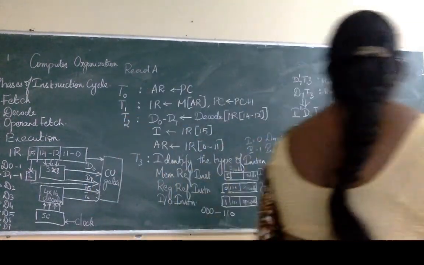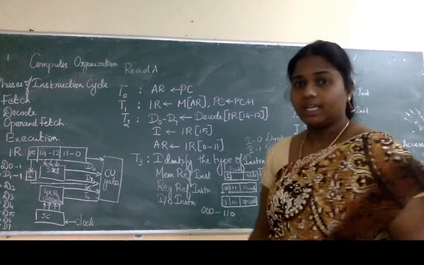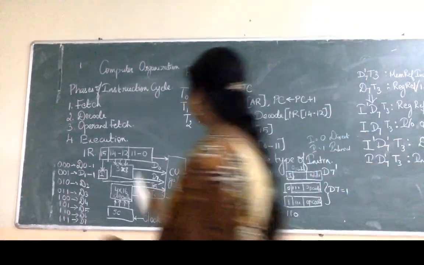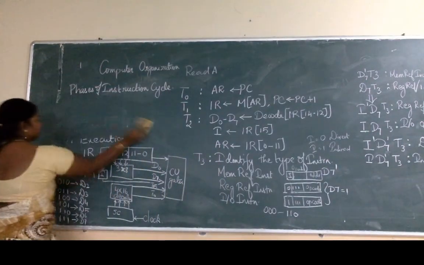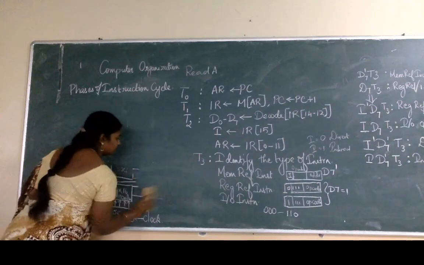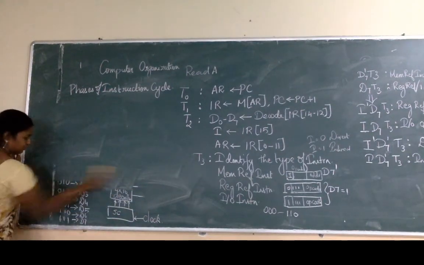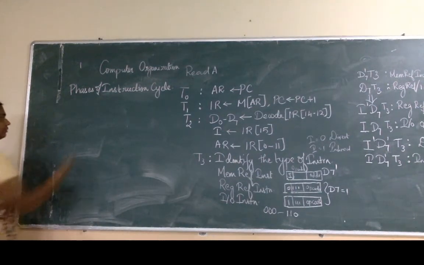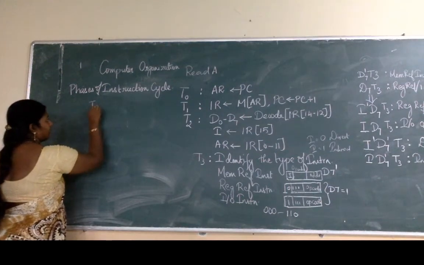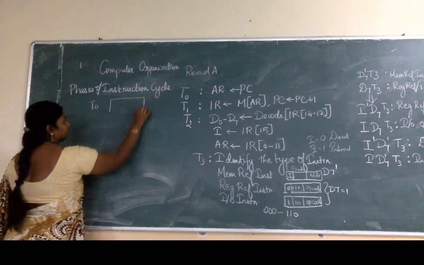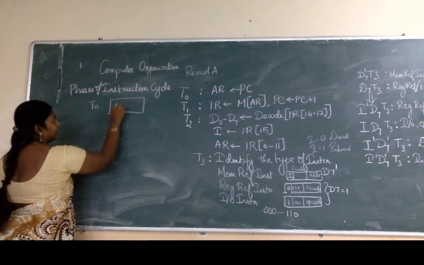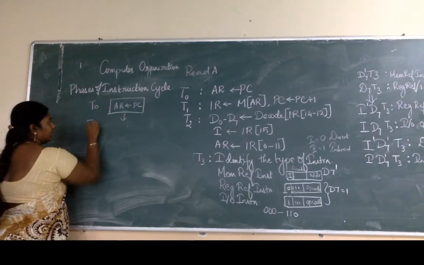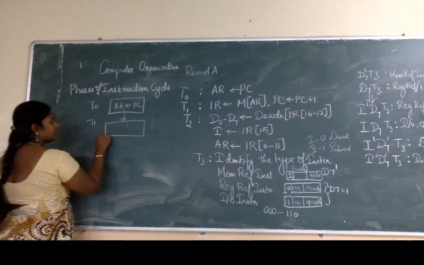So I am going to write a flow chart here which indicates how the program is going to flow. At time cycle T0, I have the address register loaded with the content of PC, and at time cycle T1, I have two operations to be performed.